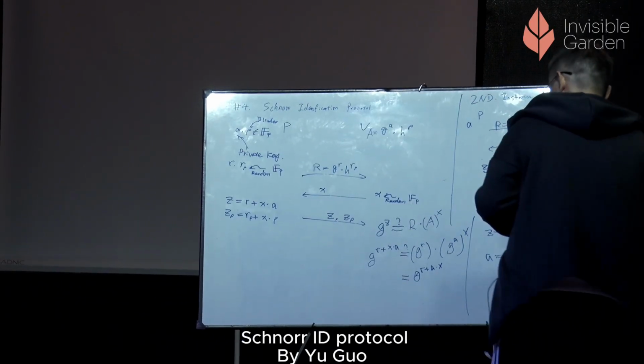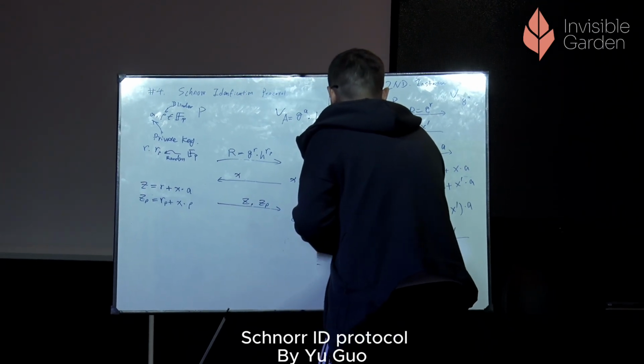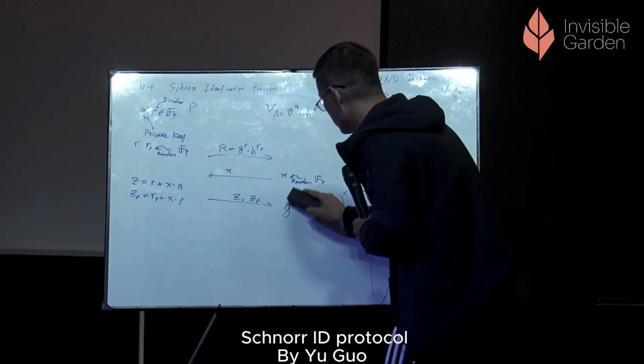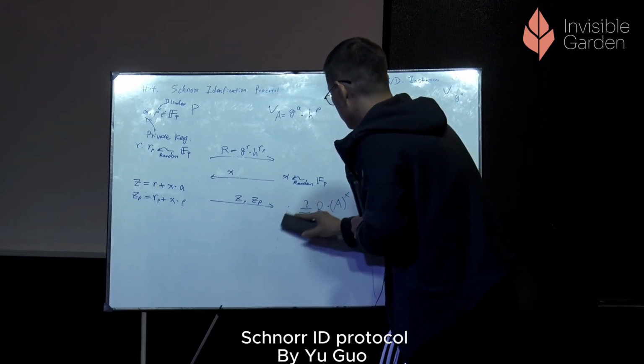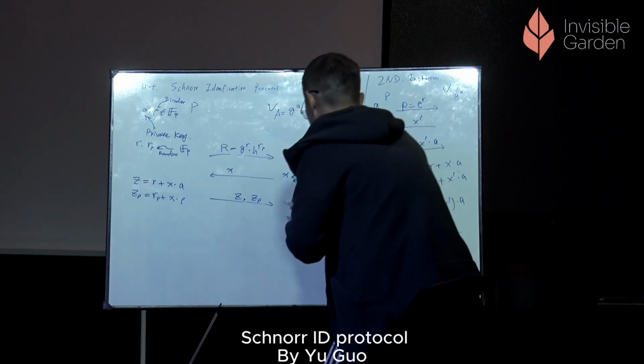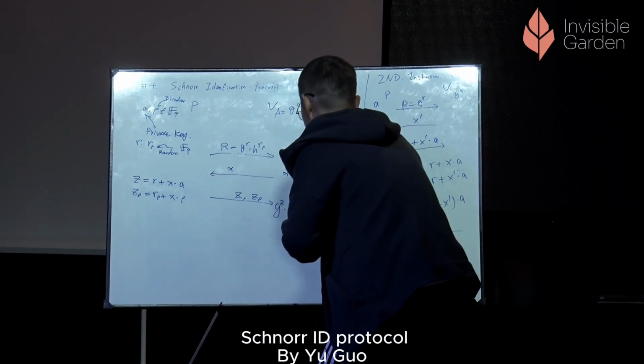And what about the verification equation, to be like g to Z times h to Z rho.